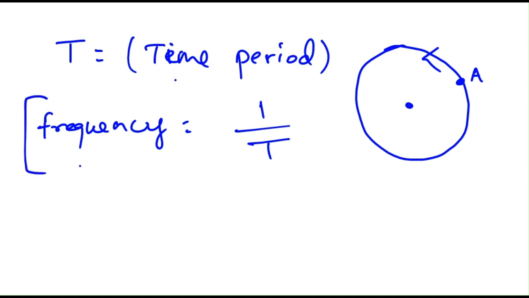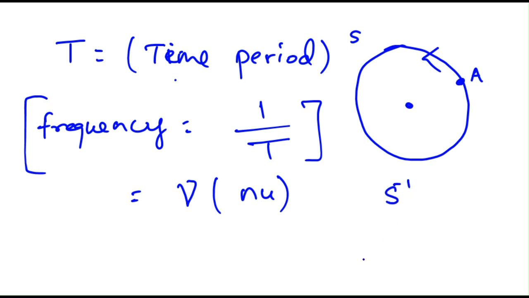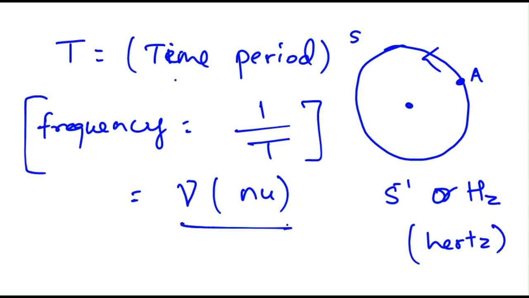Frequency we denote by nu, a Greek letter. If time period is in seconds, the frequency will be in units of per second, or we can write it hertz, denoted by Hz. So hertz is the unit of frequency.